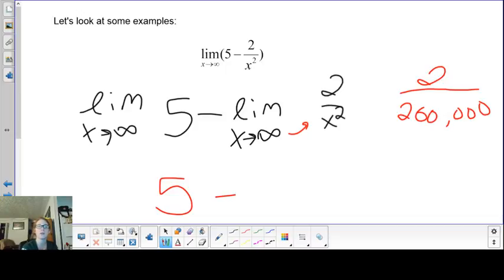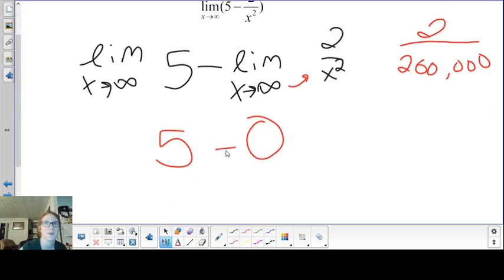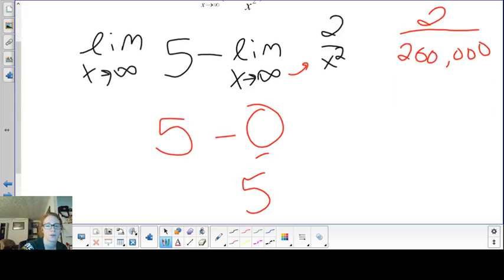The bigger the values we pick, because we know infinity is not an exact number, it's something we can only grasp at, we're grasping at straws type of thing. We don't really know what it is, but we know that we're getting infinitely closer to 0 when we plug it in there. So it's like saying 5 minus 0. So the limit here is just 5.